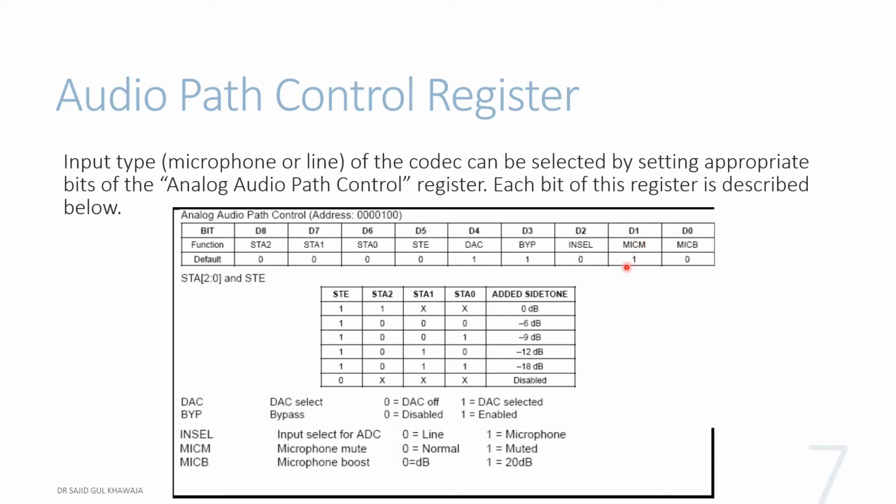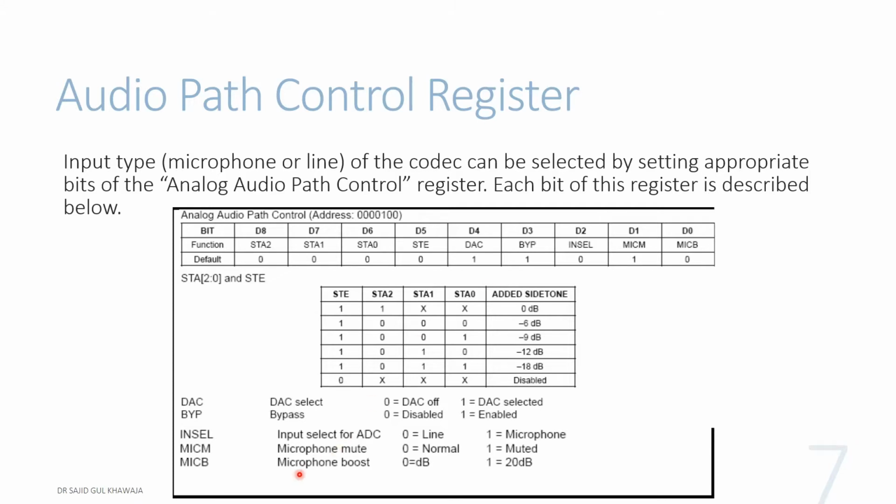Because if we do not take care of setting both D2 and D1 in accordance with the settings mentioned here, even though we might have set the microphone as our input line, we might not be getting any signal because the microphone might be muted from D1. So till now, if we are going to utilize the microphone, I need to set the bits in this manner: D2 as 1, D1 as 0, and D0 can either be 0 or 1. It does not really matter.